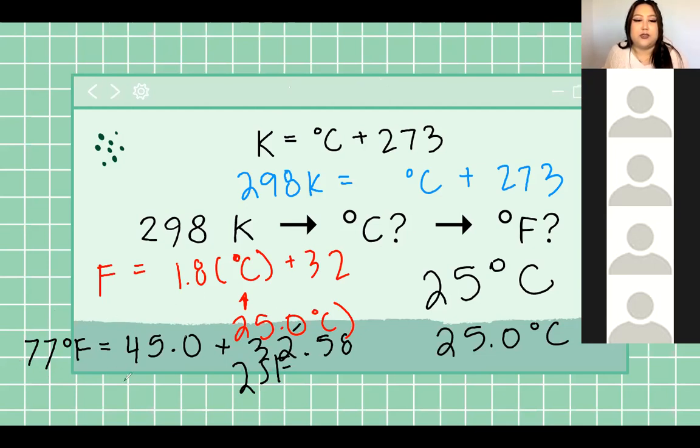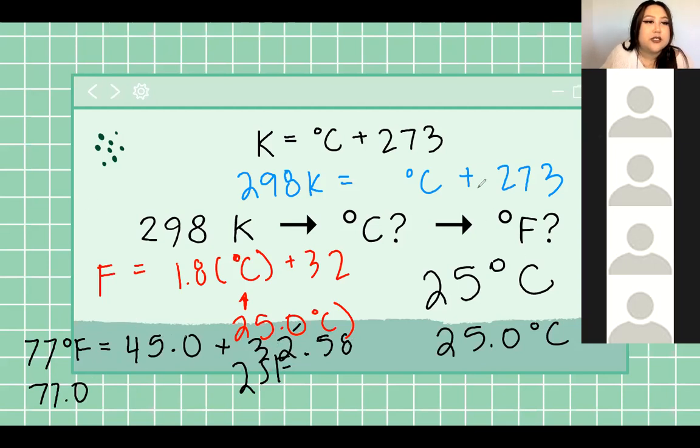How many sig figs would the final answer be in? 3? Yeah, it's 3 because of this decimal spot, not because it's 3 sig figs. Does that make sense? It'll be 77.0.